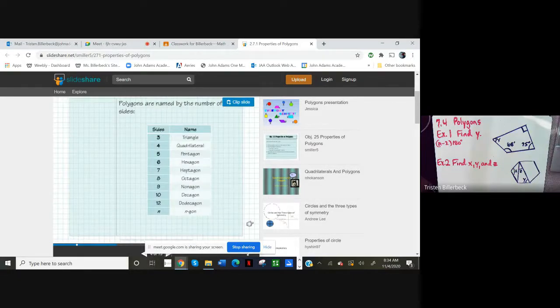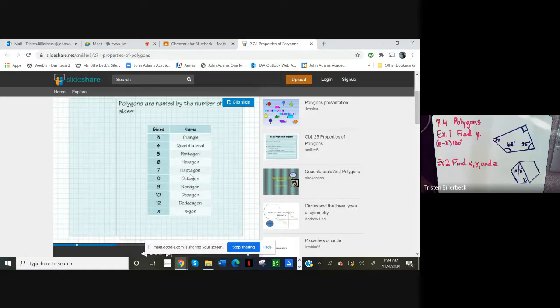Polygons are named by the number of their sides. Three angles is a triangle. Four is a quadrilateral, and lateral means side, so four sides. Five is a pentagon, so five angles. Six is hexagon, so six angles. Seven is heptagon, or septagon is another name, meaning seven angles.